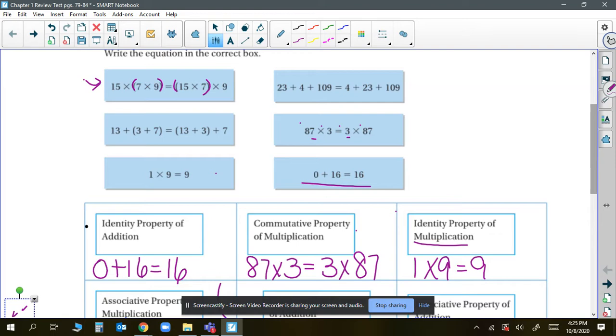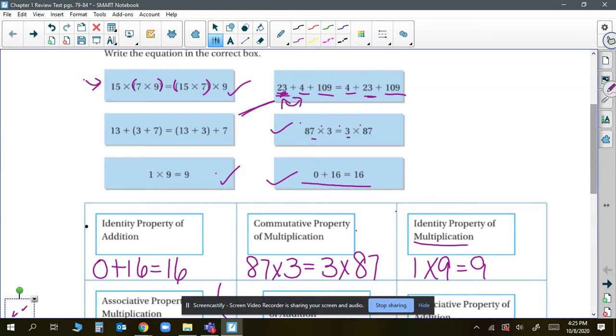So if you look at the ones that we have left here, we have one of these two left. So in this case, if you look, we have 24, 4, and 109. And here we just have 4, 20. Did I say 24? I meant 23. 4 plus 23 plus 109. So all they did was flip-flop these two numbers.